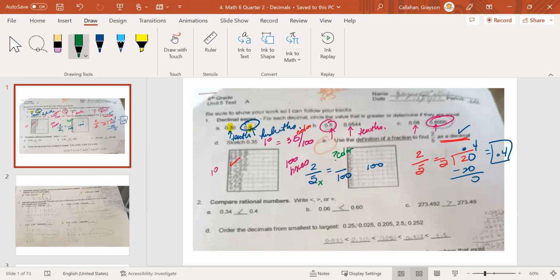Well, hold on. 5 times what gives me 100? 20, right? So you times the 20 on top as well. So 2 times 20 is 40, which means you color 40 boxes out of the 100. That makes sense because 0.4 is equal to 40 over 100.